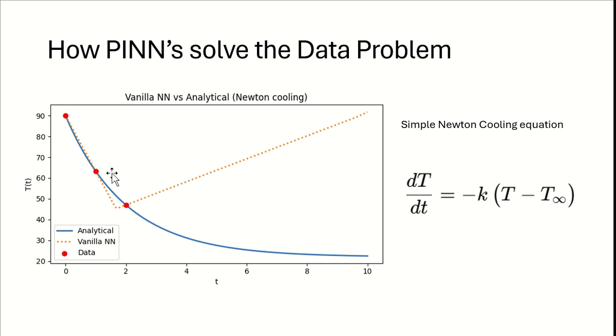You can see in this image over here, I fed the vanilla neural network 3 data points for this pretty simple PDE, and this is a standard neural network with ReLU activation.